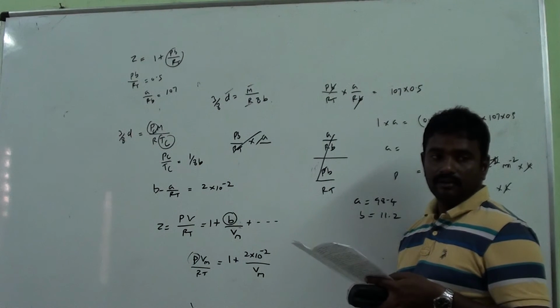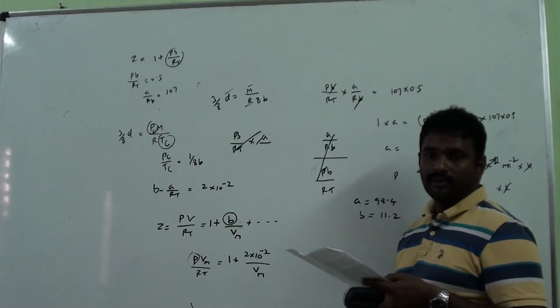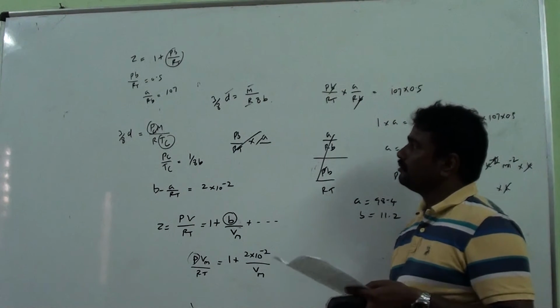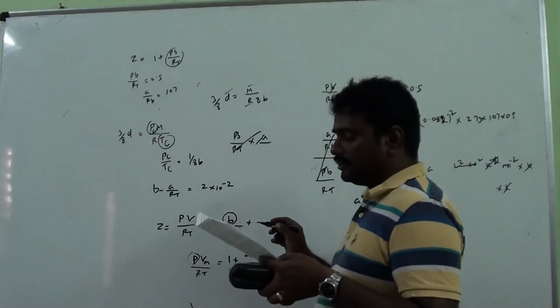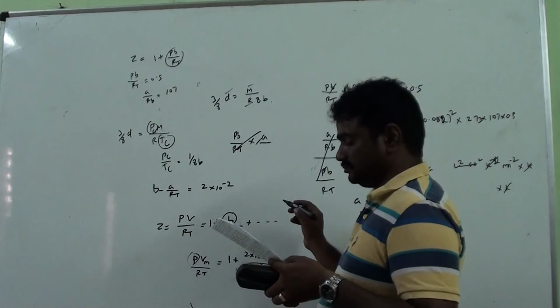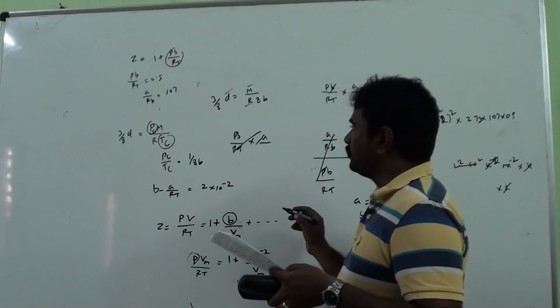Quick. 3 by 8 into density, how much? 0.4. Molar mass will cancel? 44.